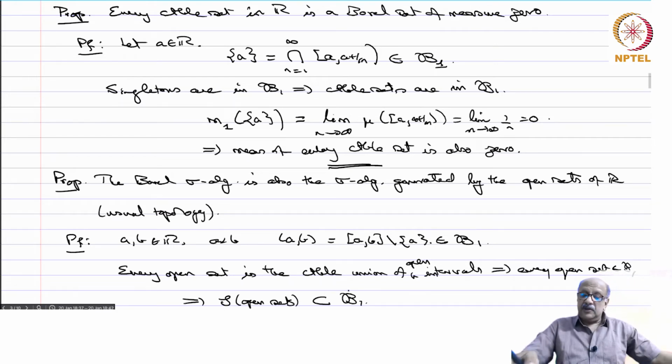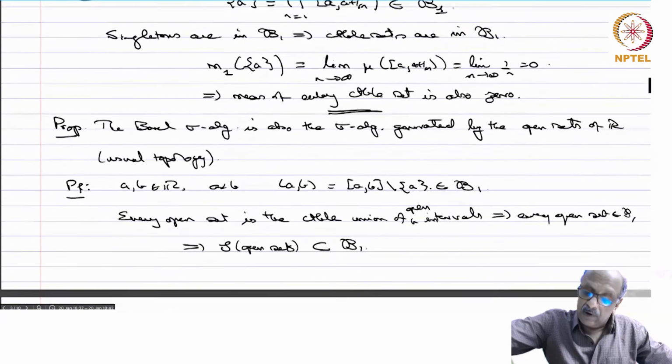S of open sets means the smallest sigma algebra generated by the open sets, that is also contained in B1.